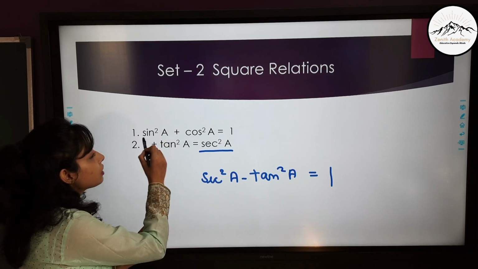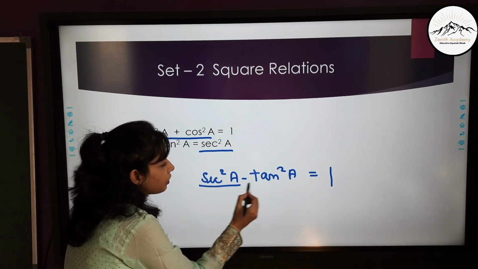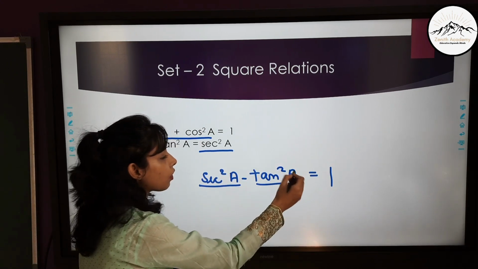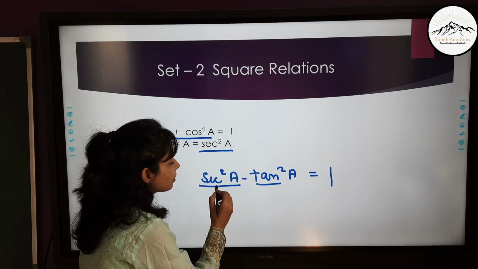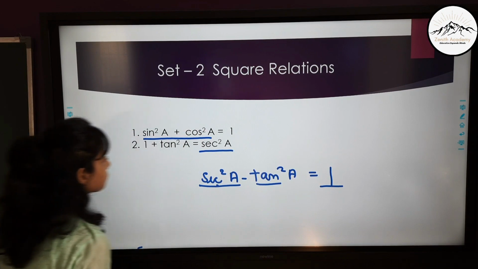So this is sec square A minus tan square A is equal to 1.